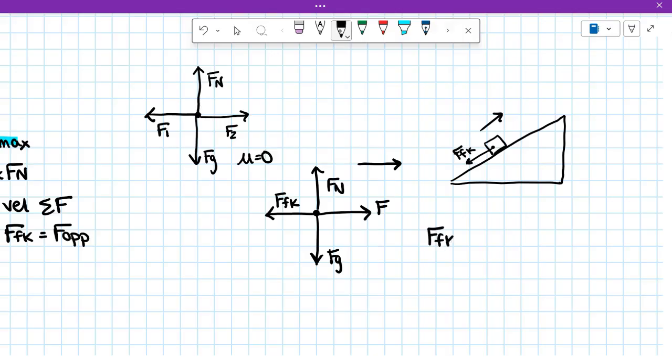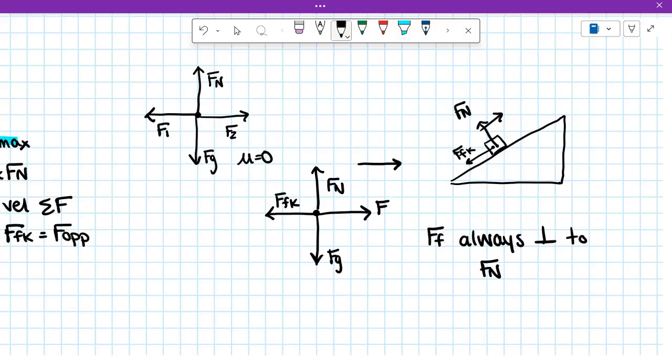The force of friction, whether static or kinetic, is always perpendicular to the normal force. And since the normal force is perpendicular to the surface, force of friction is always parallel to the surface. They must be perpendicular to each other. So that can also help me figure out some stuff.